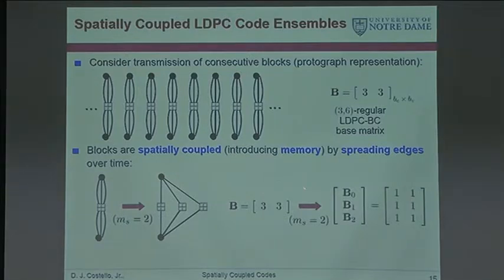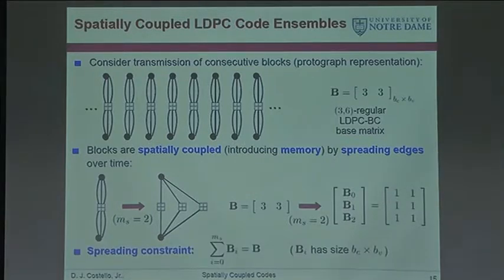So we can describe this in matrix terms as spreading this 3-3 base matrix into 3 submatrices, B0, B1, and B2. And this introduces a syndrome former memory of 2 because the variable nodes at the current time are now connected to 2 adjacent time units by edges.